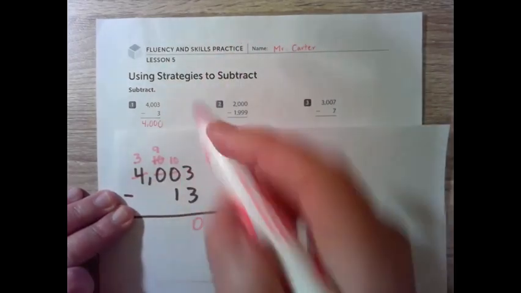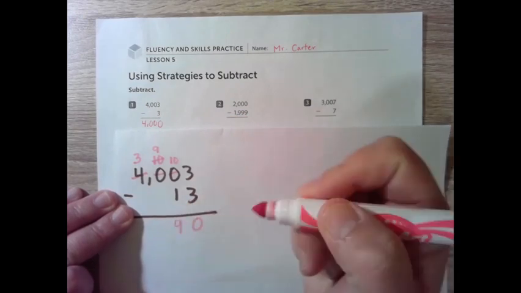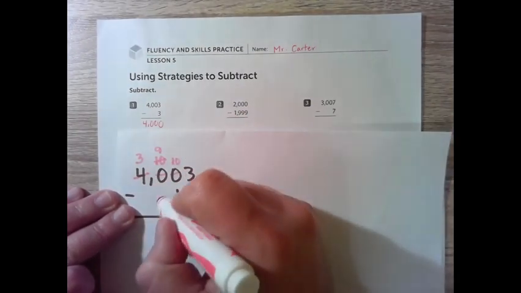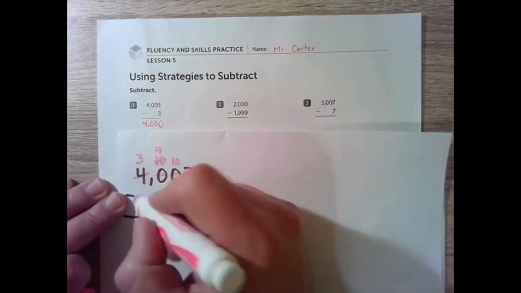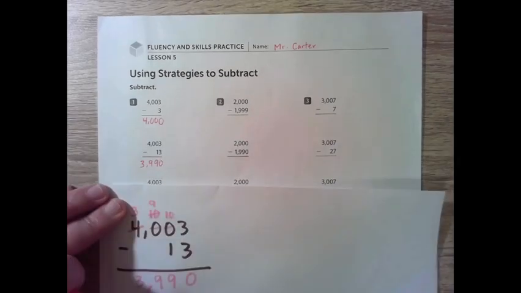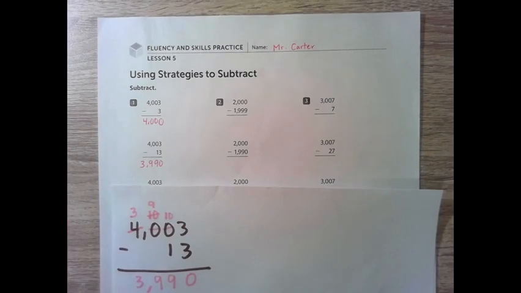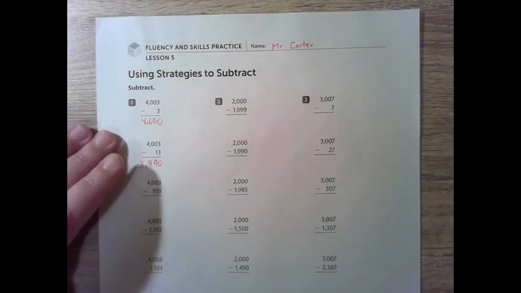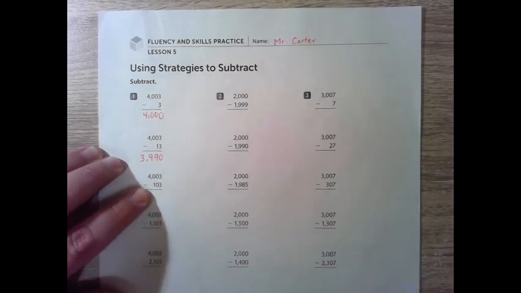Now we can subtract. 10 tens take away 1 ten is 9 tens. 9 hundreds take away nothing is 9 hundreds. 3,000 take away nothing is 3,000. So now, again, our answers match, right? 3,990, 3,990.